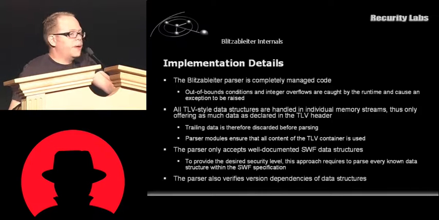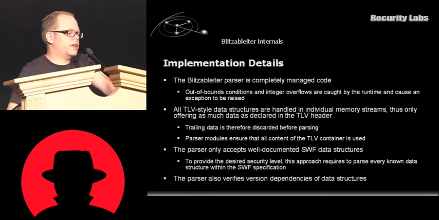And with this approach, we can also see if we have trailing data or if any of the length fields are not correct. We only accept well-documented data structures. So if there is an undocumented data structure, we're going to reject that.